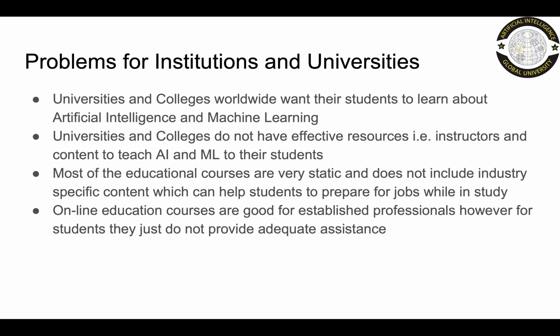That's where we saw a need, and AIGU was founded to assist every university, college, or any educational body which tries to make their students learn AI and machine learning. We are there to assist them so that every student involved can get artificial intelligence and machine learning education and knowledge while and wherever they are.